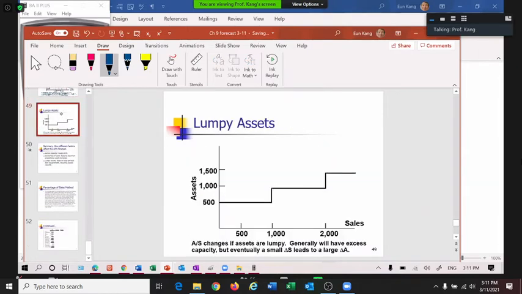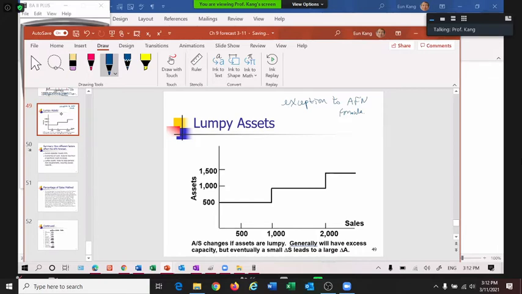But with this one, the ratio just changes. Another exception, exception 2 to the AFN formula. This one actually corresponds to real life more. Why? Generally, they have some excess capacity in using current assets, right?